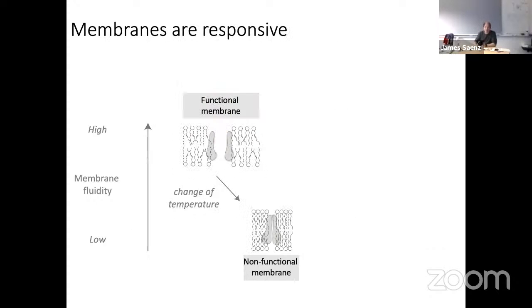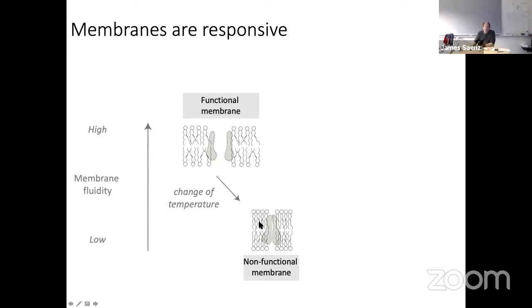Now, on top of that, it gets a bit more complicated because the cell has to achieve these optimal properties while everything's changing around it, the environmental conditions, physical and chemical. So let's imagine a scenario where we have a functional membrane, and we've depicted a very crude channel here, and the temperature decreases. Now, what happens is the lipids become more tightly compressed, and something like this channel we've depicted might suddenly be shut closed because the lateral tension it experiences is too high.